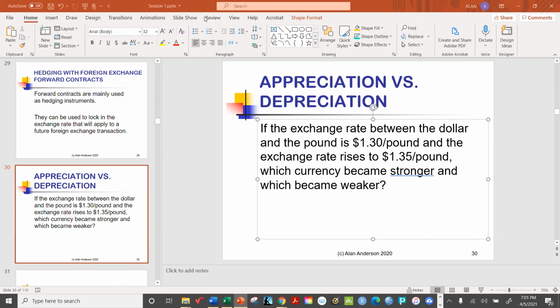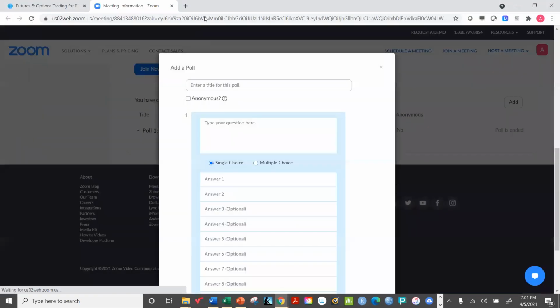So let's stop this one and let's start a new one. All right, so just based on this example we just had, which currency appreciated? In other words, became stronger. That's just the title.